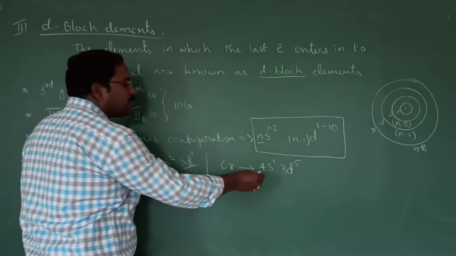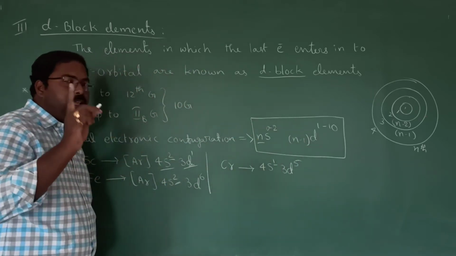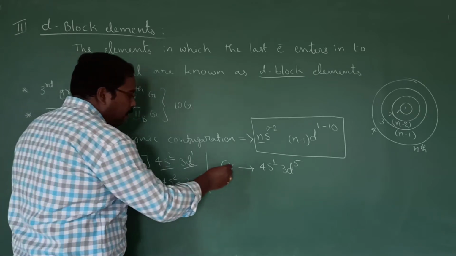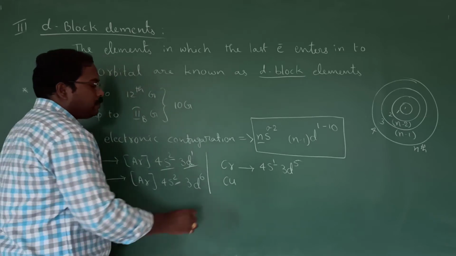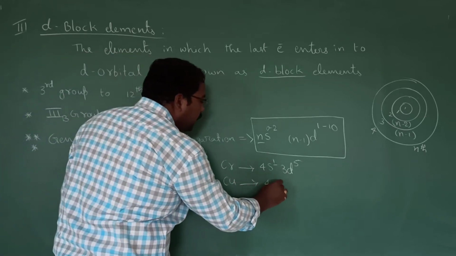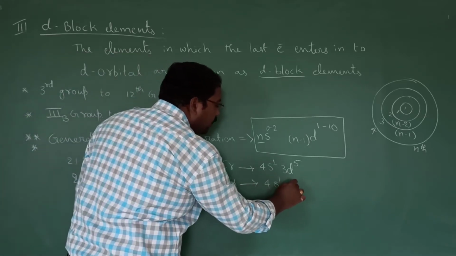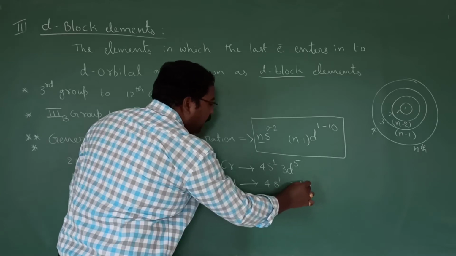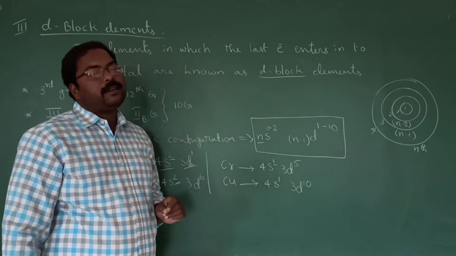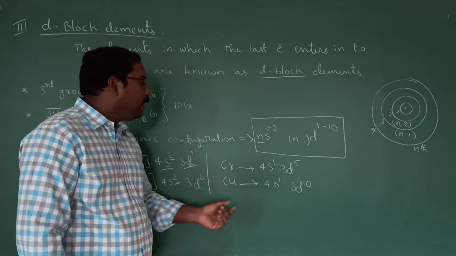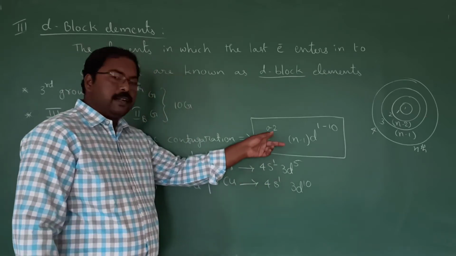So in this case, the s orbital has only one electron. In the same way, in the case of copper also you will see 4s1 3d10. Right? So in this case also there is only one electron in the s orbital.